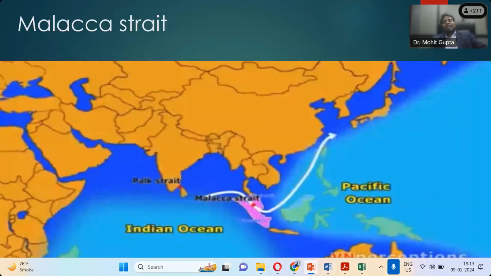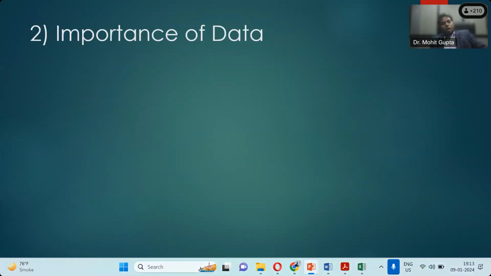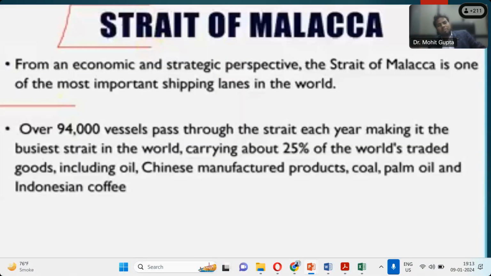In the same way, another aspect related to teaching law of the sea, which I personally believe, is that there is a lot of relevance of data in this subject. For instance, when we talk about the Malacca Strait, under the Law of the Sea Convention there are specific rules related to passage of ships through straits.